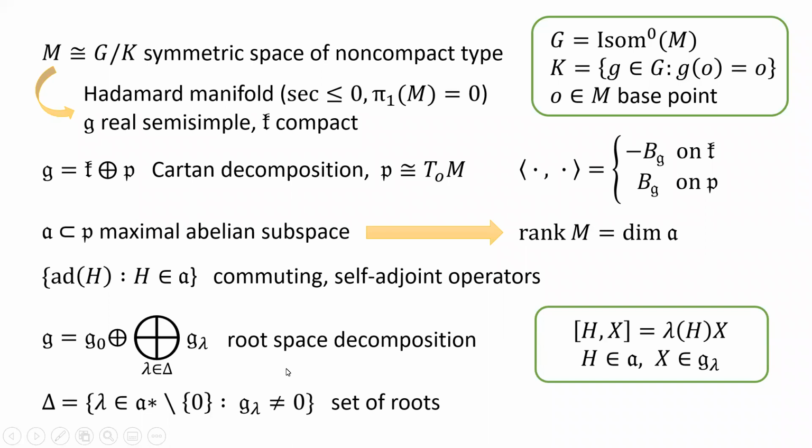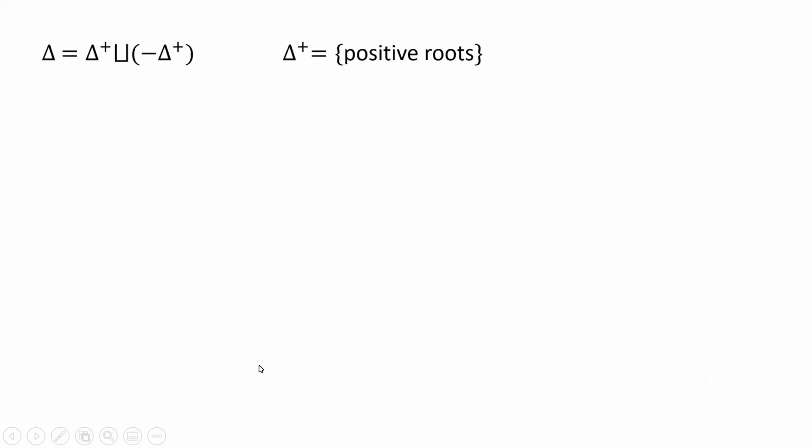Okay, this set of roots is a finite subset of a star that forms a root system. So this means that it has some nice symmetry properties. In particular, whenever you have a root, a vector in this capital delta, then the opposite vector is also a root. Okay, so you can consider a set of positive roots and a set of negative roots.